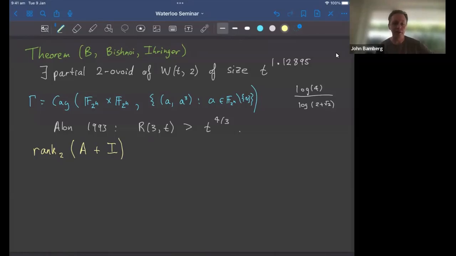But this is also a bound on the co-clique number. So if you take rank subscript 2, what I mean here is you take the rank when you think of this matrix, which only has small numbers in it, as being a matrix over the field of order 2, and then you take its rank. So that's what 2 rank is. And you want this to be small.